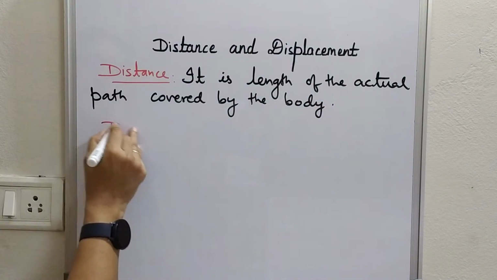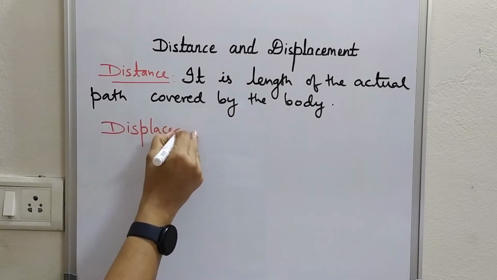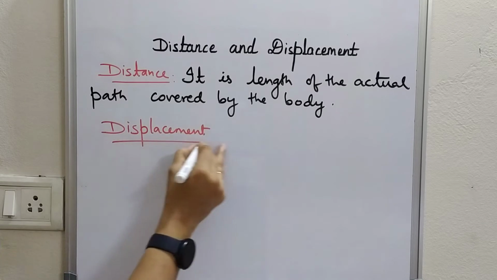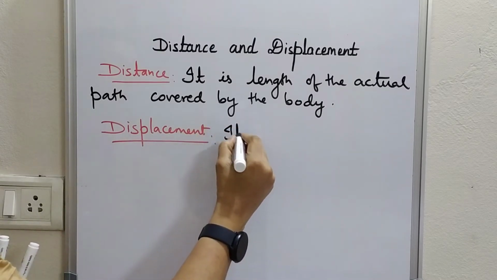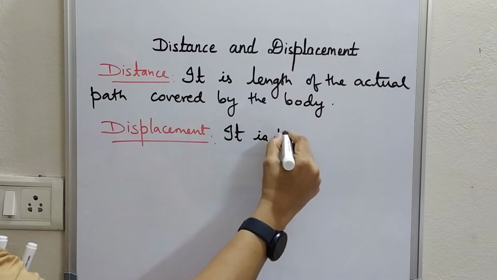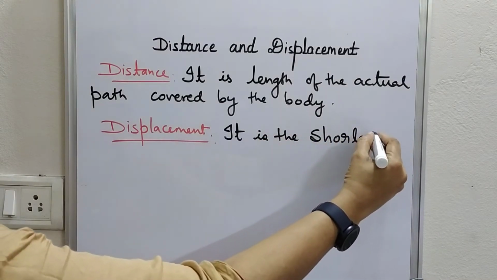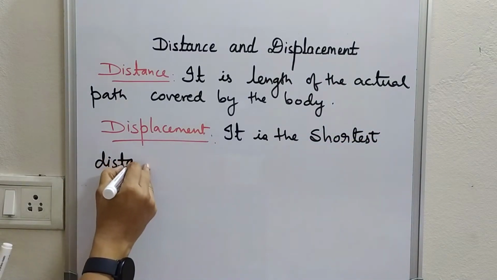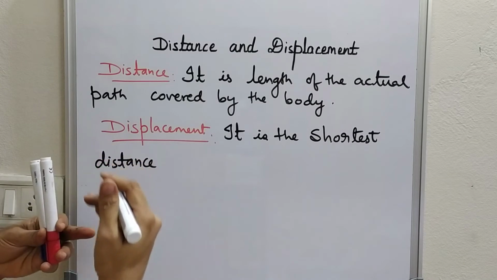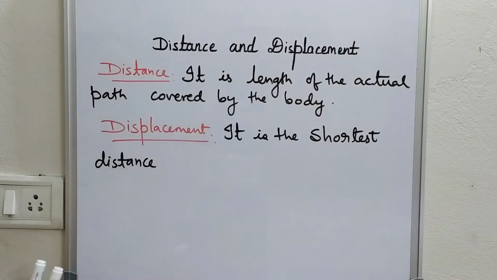Then how do we define displacement? Displacement is the shortest distance traveled by the body between the initial position and the final position in a specific direction.